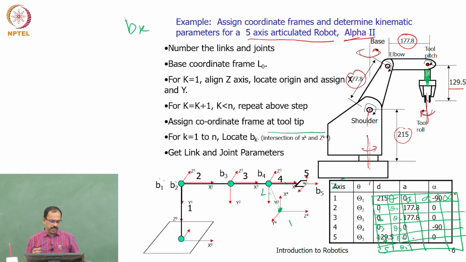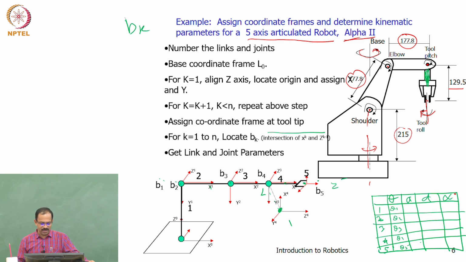But if you want, you can find out what is the angle between x0 and x1, x1 and x2, x2 and x3, x3 and x4. That is the way how you get the joint angle. You can calculate it. There is no offset in this case. Oh, okay.